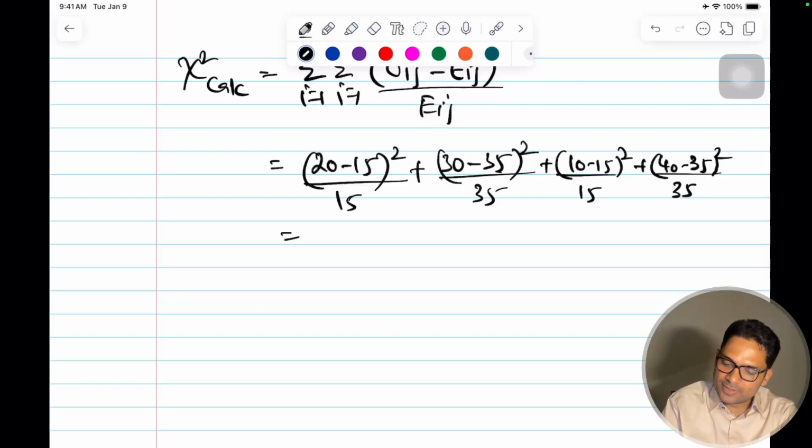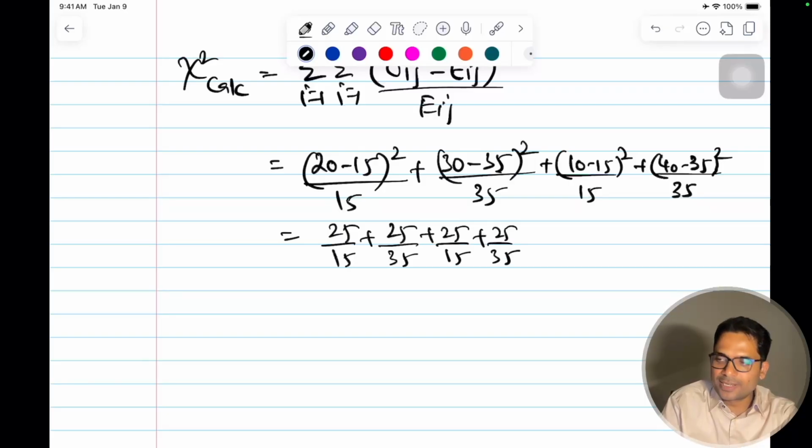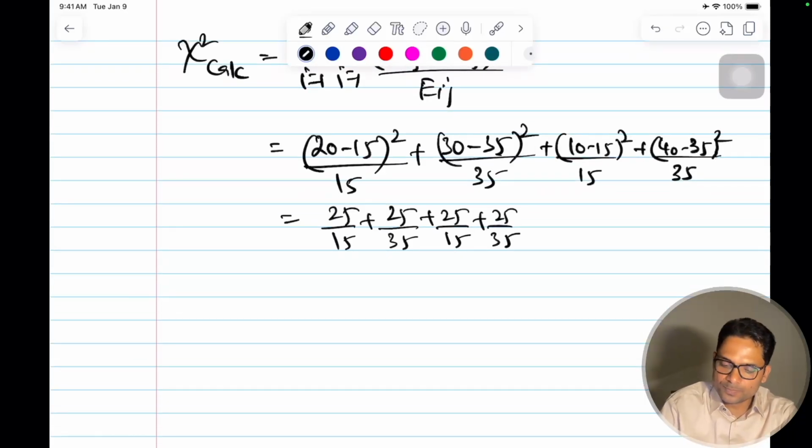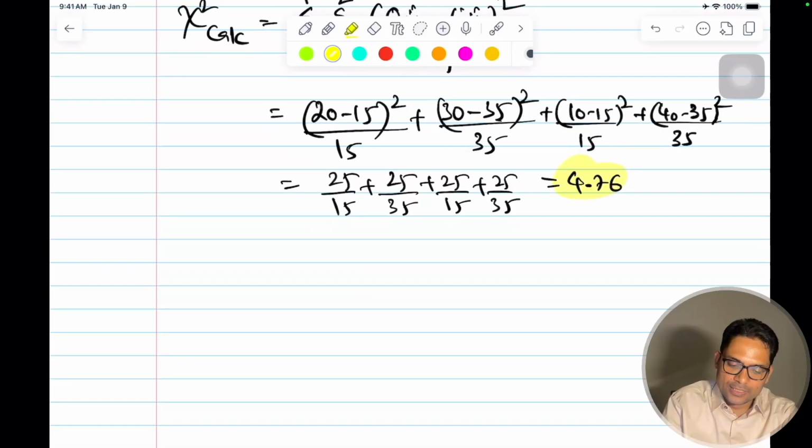So all is 5. So this is 25 by 15 plus 25 by 35 plus 25 by 15 plus 25 by 35. Do the calculation, and this will finally come out to be equal to 4.76.